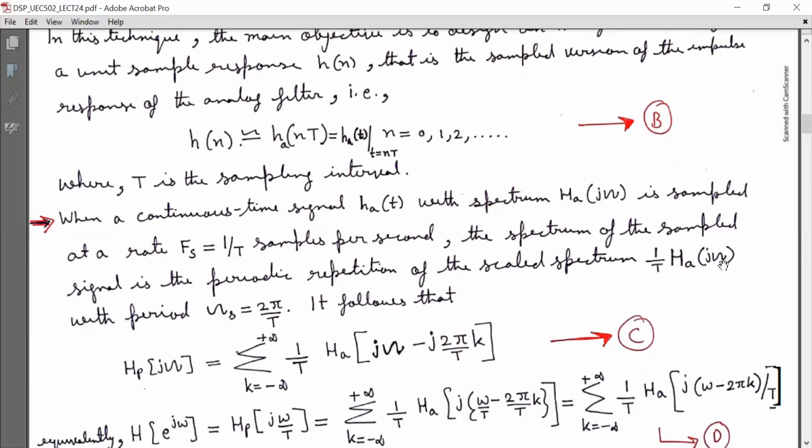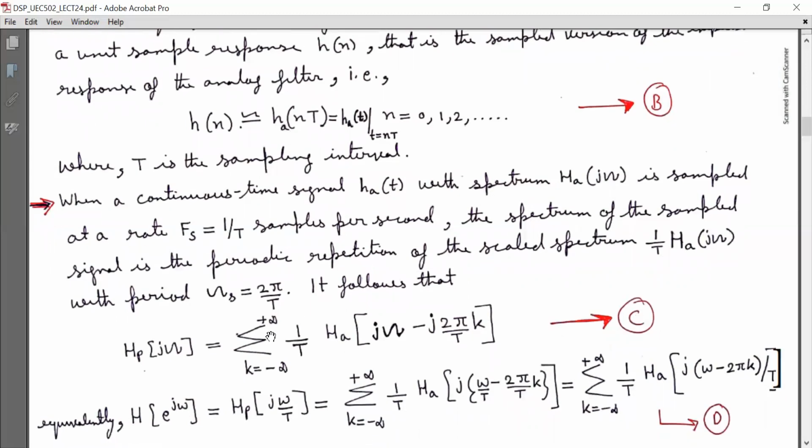This we have done in the second lecture, I think, with period Ω_s equal to 2π by T. So it follows that H_p(jΩ) is equal to summation k running from minus infinity to infinity 1 by T H_a(j(Ω minus 2πk by T)). Mark it as equation C.